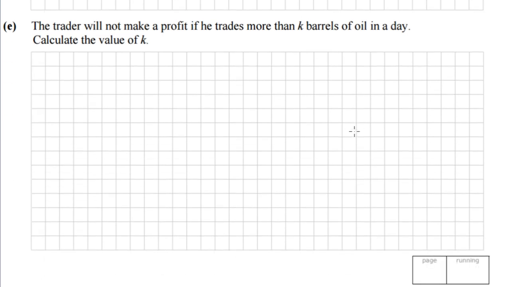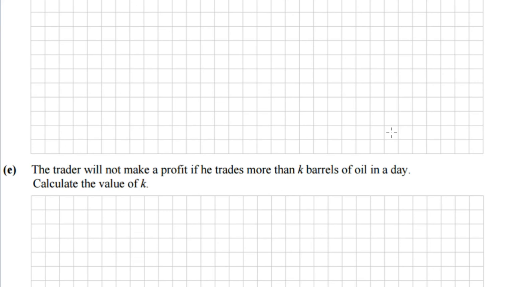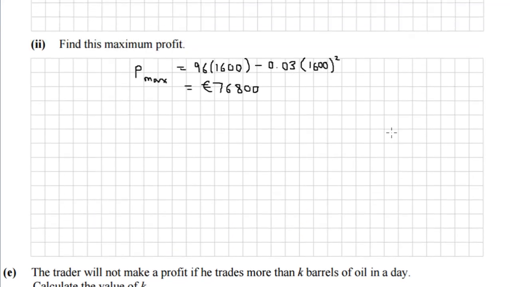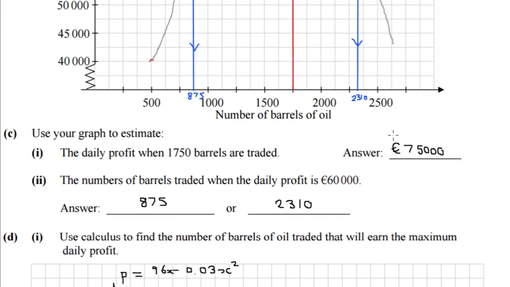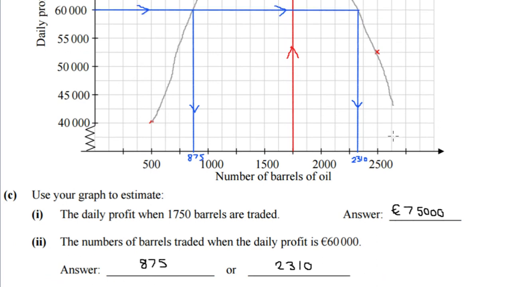So the last part here then is saying the trader will not make a profit if he trades more than K barrels of oil in a day. Find the value of K. Okay. So if he doesn't make a profit, he's going to make a loss.